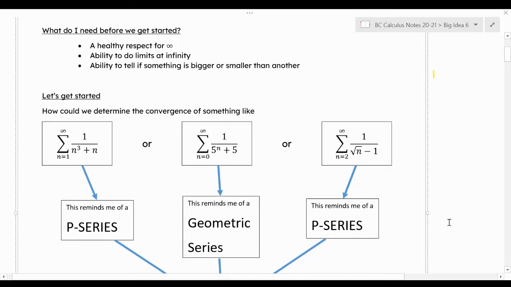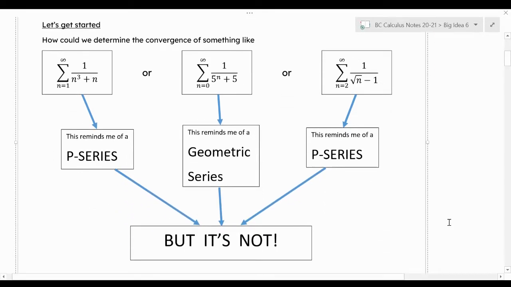That one at the end looks like a P series, except it's got the little -1, right? They all remind me, and should remind you, of a series that is similar, except none of them are a P series or a geometric series.